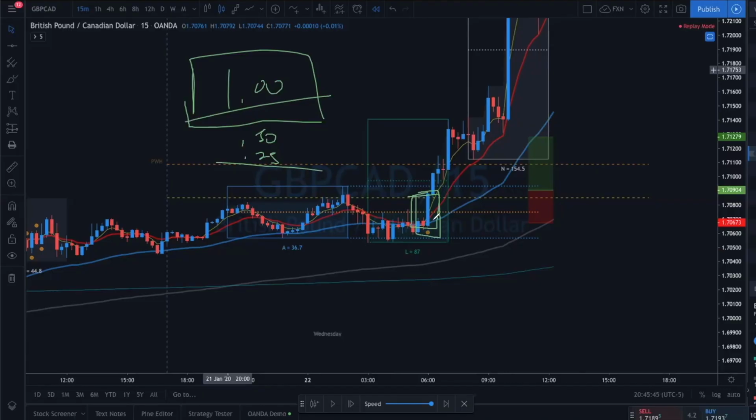Is the ADR in my favor? Because if it's not, then you probably shouldn't be taking the trade in the US session. If that candle is that big, you're probably not going to get a lot out of it. So if the candle's big, I would lower it to 0.5 or 0.25. Other than that, on a 10K account, I'm taking a standard lot on a trade.